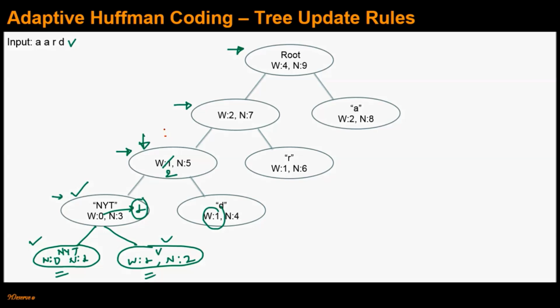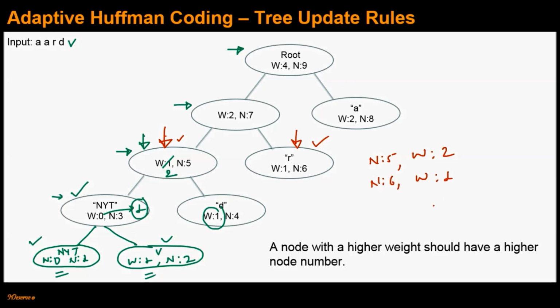Now I need you to focus on these 2 nodes. For this particular node, its order is 5 and its weight is 2. And for this particular node, its order is 6 and its weight is 1. Now if you remember, while discussing the sibling tree property, a node with higher weight should have a higher node number.